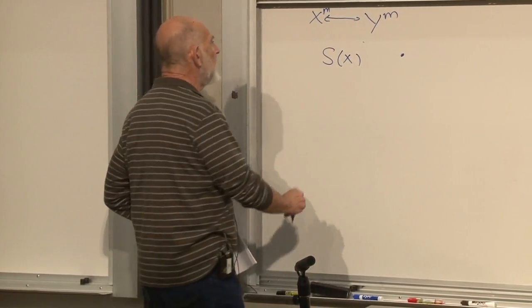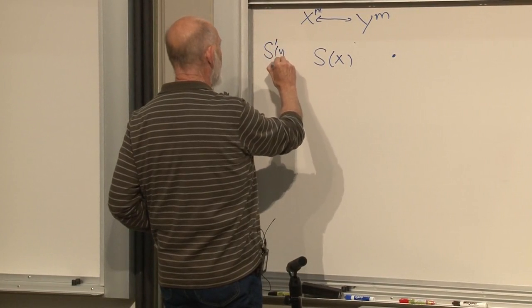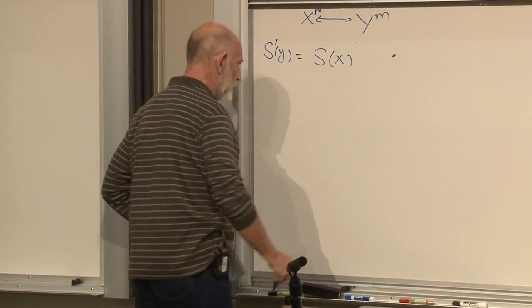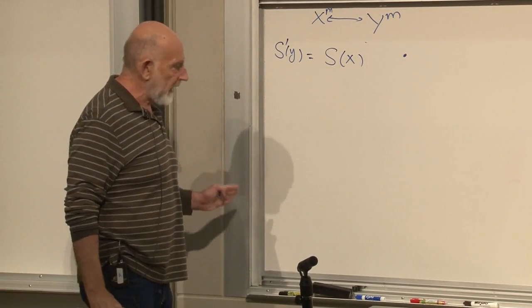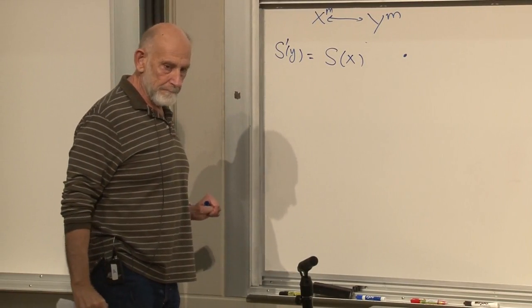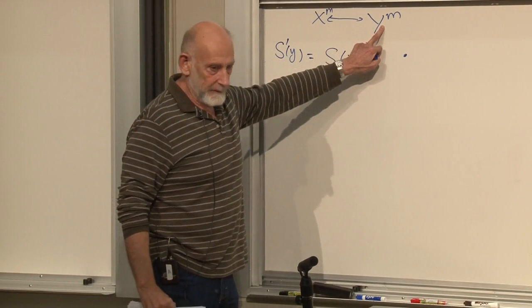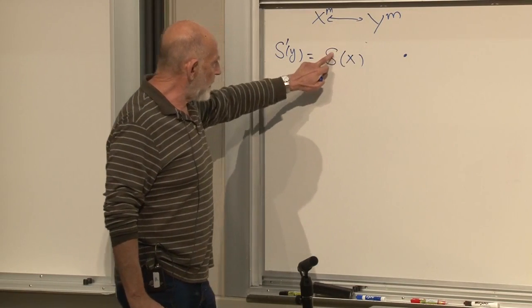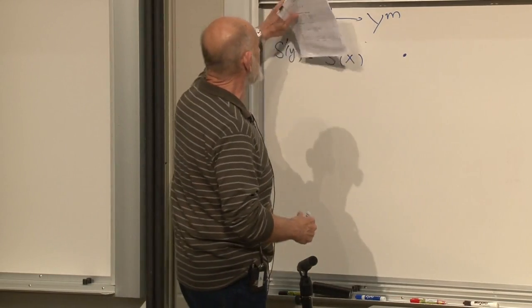So we can write that as S prime of y equals S of x. The prime here simply denotes the fact that I'm talking about a quantity in the coordinate system y. Without a prime, it will refer to the coordinate system x. There are two coordinate systems.